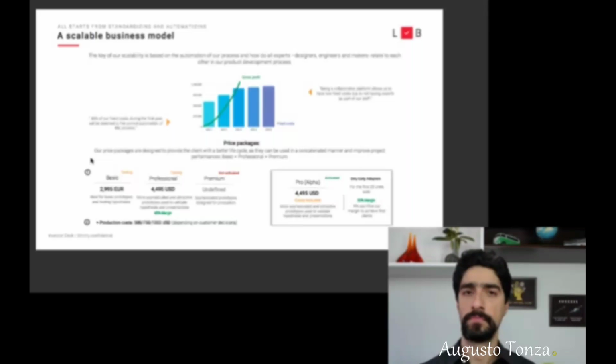So we don't have the fixed costs of having engineers in our team. We pay them only if they win the contest. That's it.